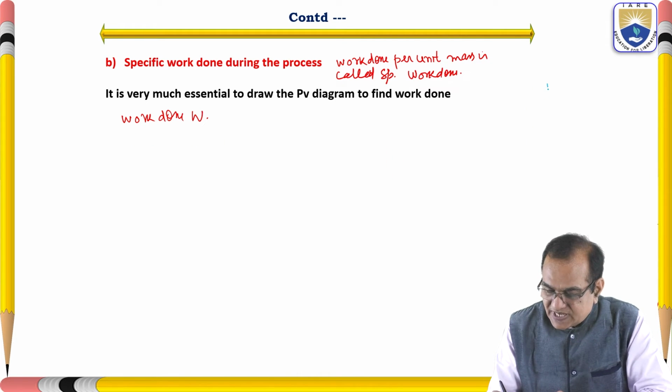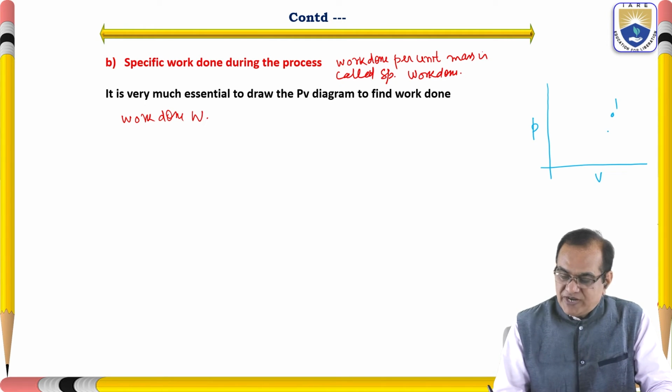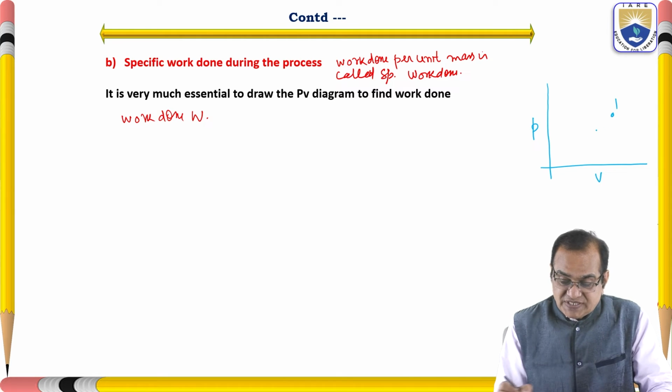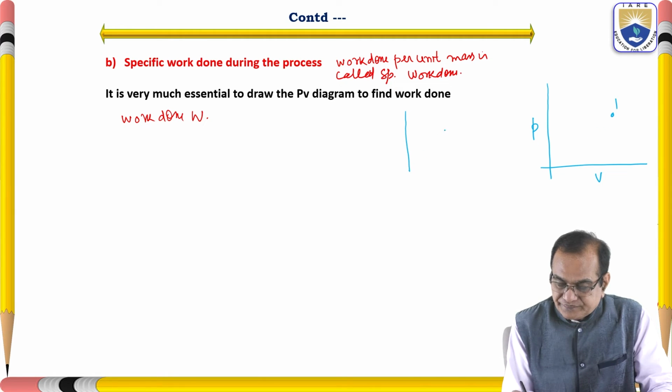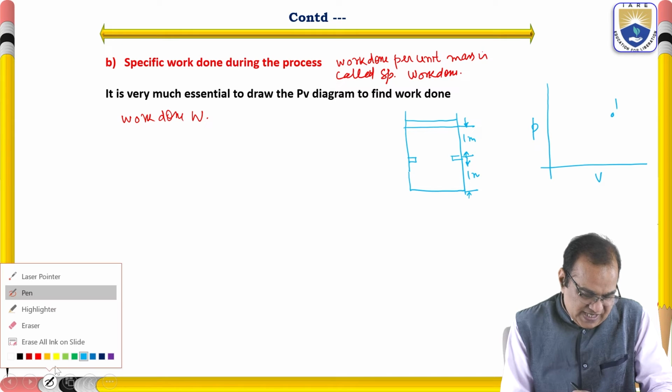In point 1, the first thing I have to see is that this is the piston, this is the stop, and from here to here is 1 meter, from here to here is also 1 meter. This we can see here.